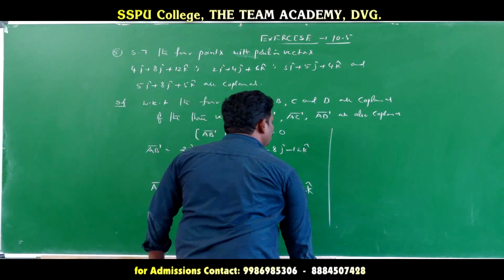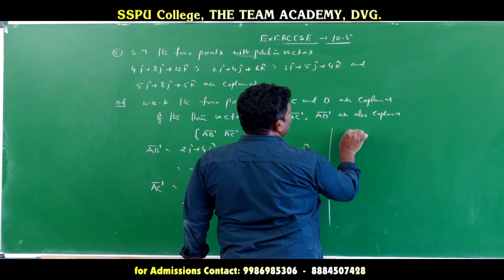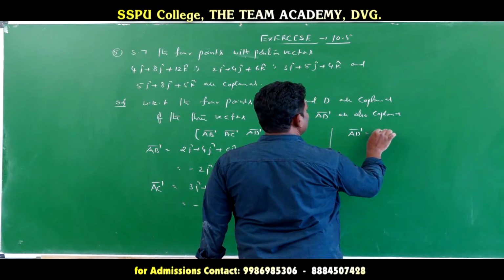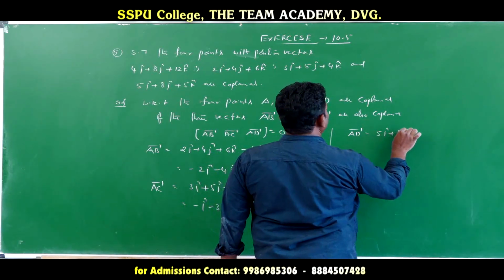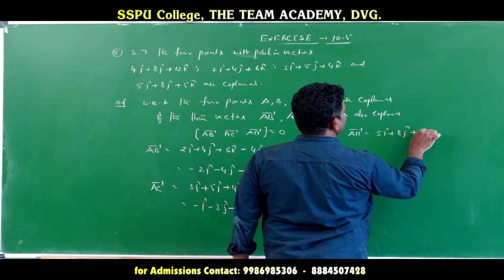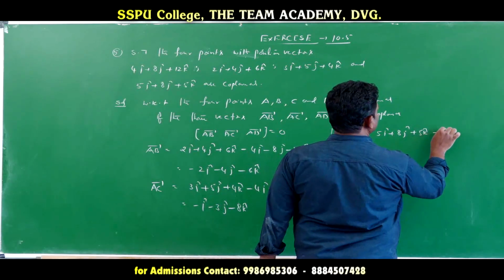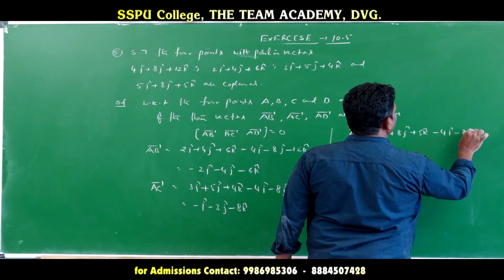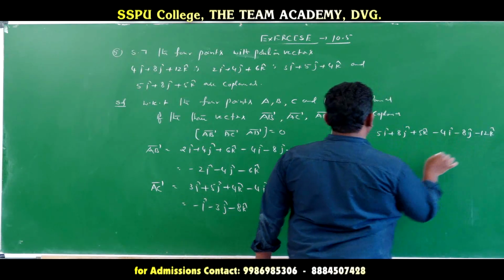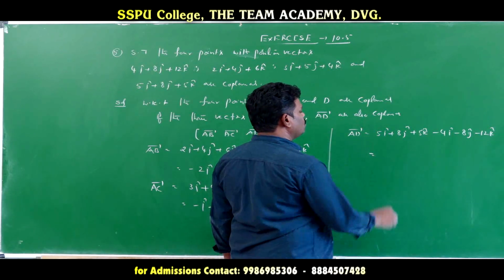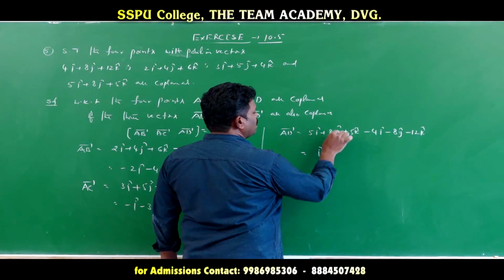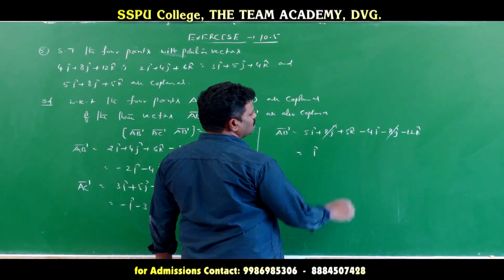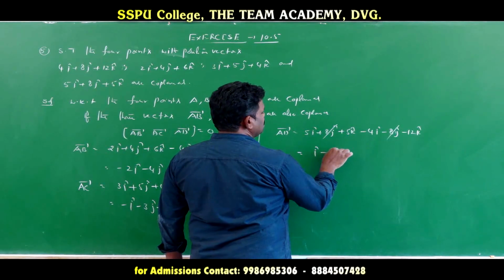So next vector, what means here? AD vector. AD means OD minus OA. Then what to write here? 5i cap plus 8j cap plus 5k cap, then minus 4i cap minus 8j cap minus 12k cap. That is equal to 5 minus 4, 1 value i cap; j cancellation, 8j and 8j cancel; next 5 minus 12, minus 7 k cap.